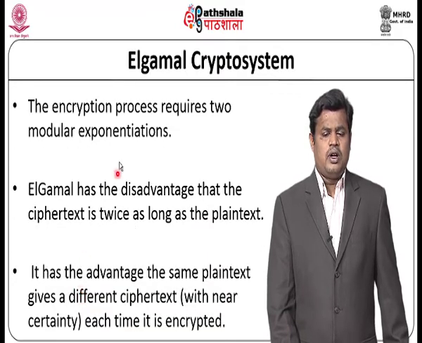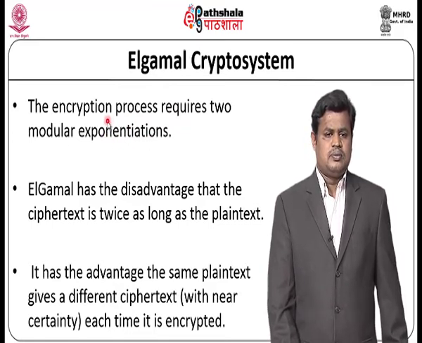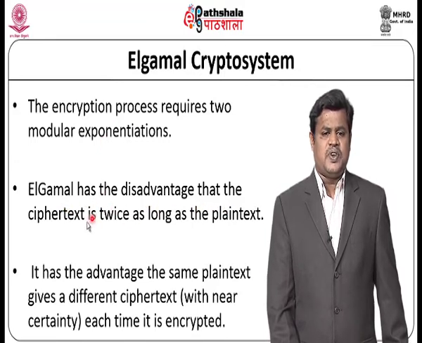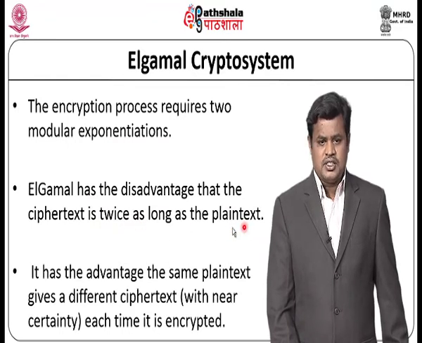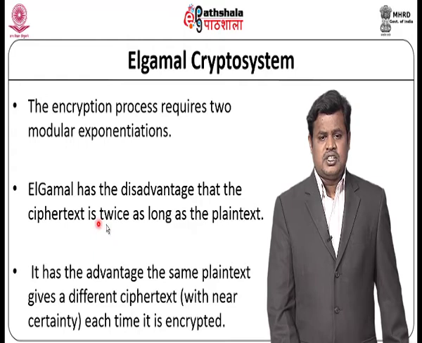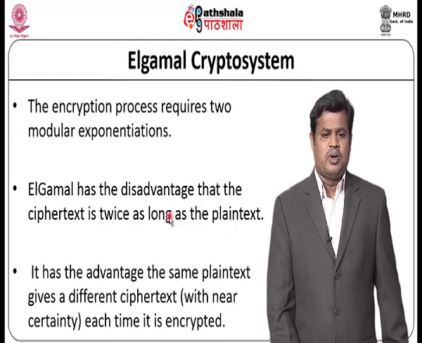With this idea, the ELGAMAL cryptosystem is able to design the encryption algorithm. It is based on two modular exponentiations. However, ELGAMAL has the disadvantage that the ciphertext is twice as long as the plain text, which is not the case with RSA.